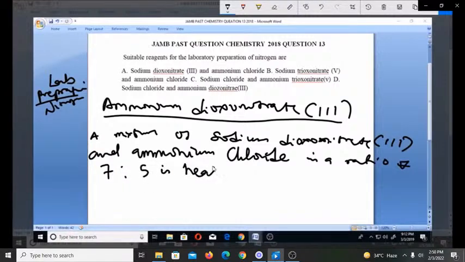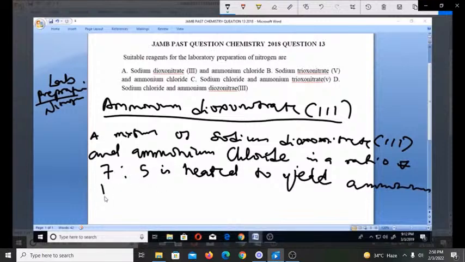And this mixture is heated. When you heat this mixture, you will now yield ammonium dioxonitrate 3.